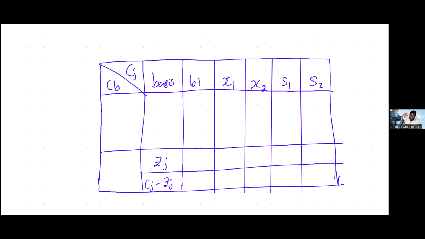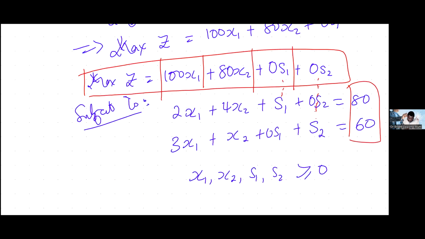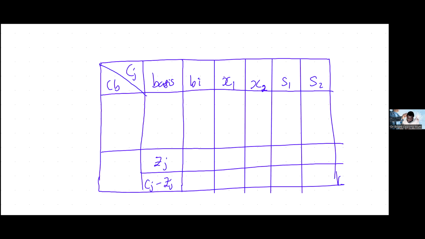So what are the coefficients that are sitting on the left side of the x? These are the coefficients. We represent them here with the coefficient for the first decision variable, for the second, for the third, and for the fourth.